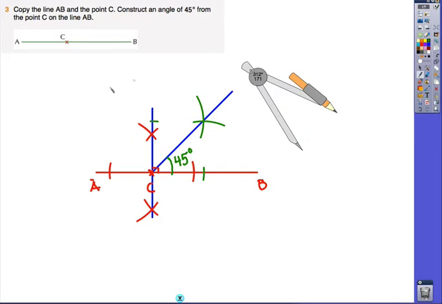Again, you can rewind the video if you want to have another look at it. If you want to see another video, I'll put a link on YouTube of somebody else doing it with a real pen and paper, not on a computer. And here's the 45-degree angle that we were looking for. And this would get you full marks.